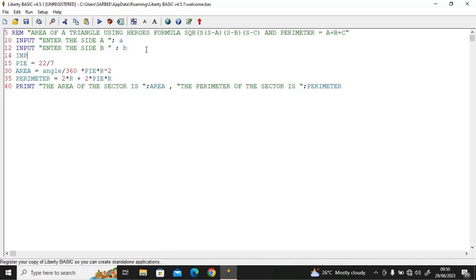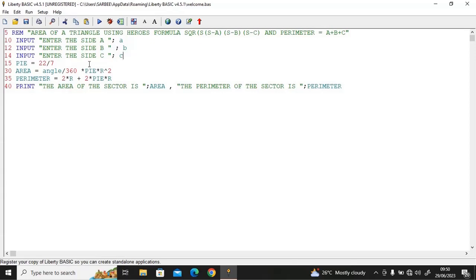Input. That's why I said it's very good to use a big range in between, so if you want to enter any other statement, you just manipulate things. But I'm using 1, 2, 3, so I have to cancel and start writing again. Enter the side C, then semicolon, then C.